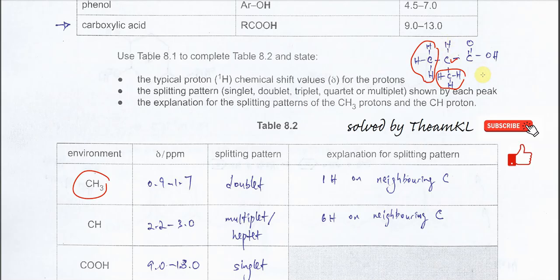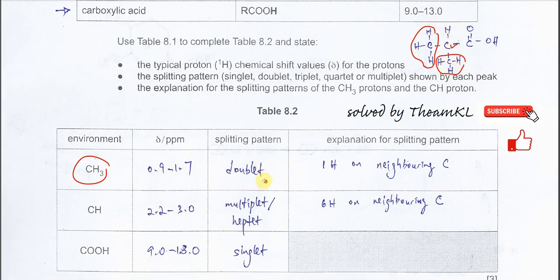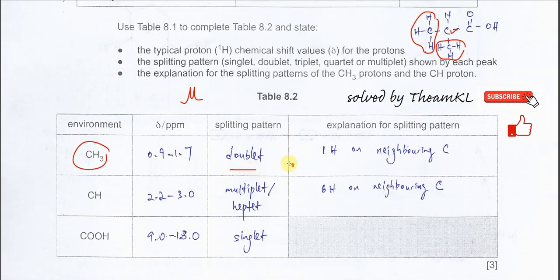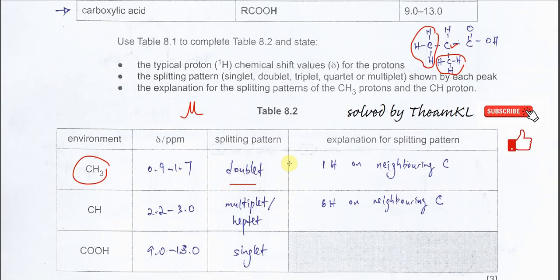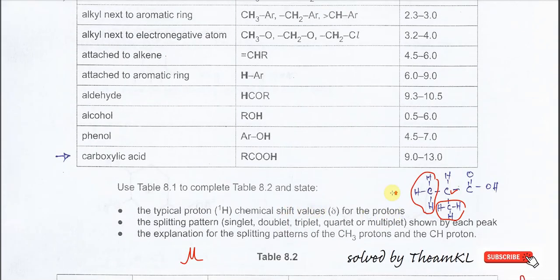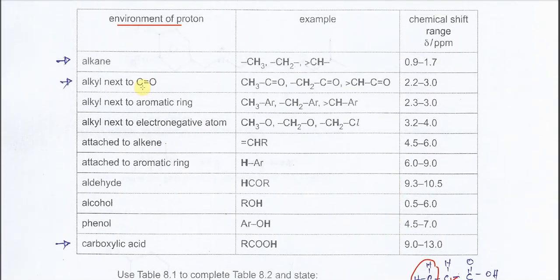So the splitting pattern for this methyl group and this methyl group, after coupling with this proton, you get doublets. So you see doublets like this. So the splitting pattern is doublet. And of course, the chemical shift is the first one, alkane.